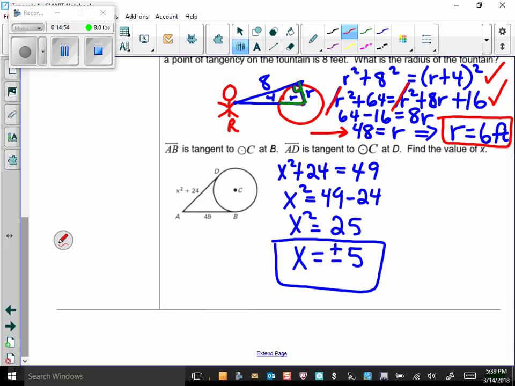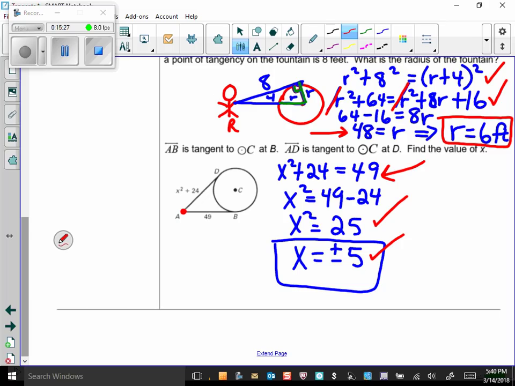Next one. I have to use the theorem that tells me that since these two tangents share a common endpoint outside the circle, they're congruent. So I set up my equation accordingly: x squared plus 24 is 49, and when I solve that, I get x squared is 25. Taking the square root of both sides, x is plus or minus 5. I almost said x can't be negative 5 because a length can't be negative.